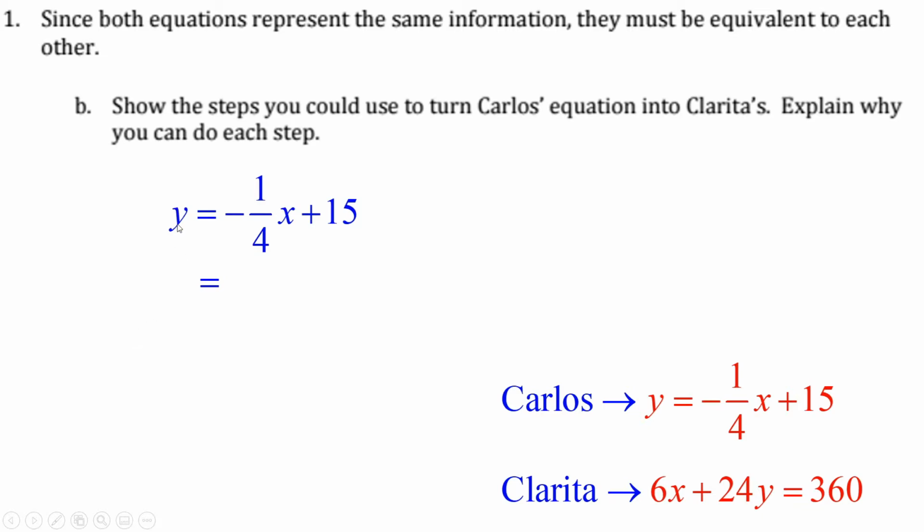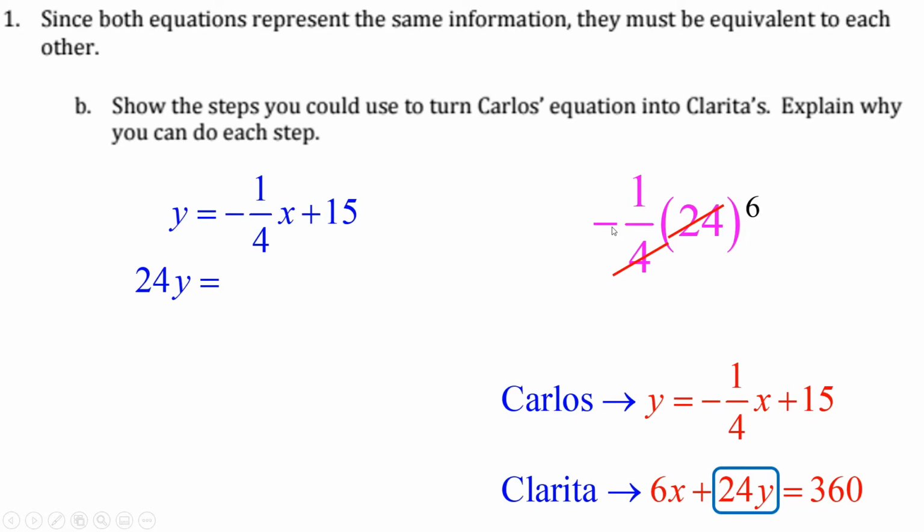Let's see, 24 times y, 24y. And then if I go negative 1/4 x times 24, well, let's think. What's negative 1/4 times 24? Well, look at this. Doesn't 4 go into 24 evenly? 4 goes into 24 6 times.